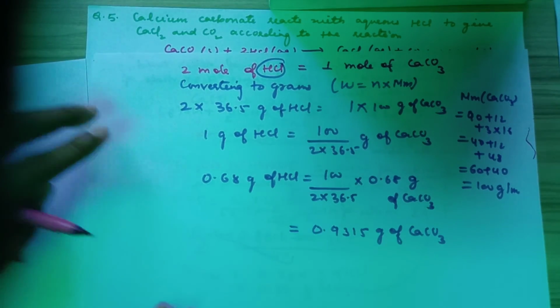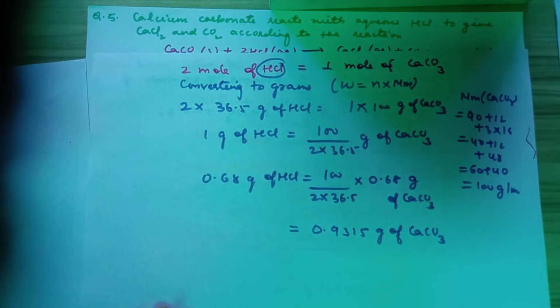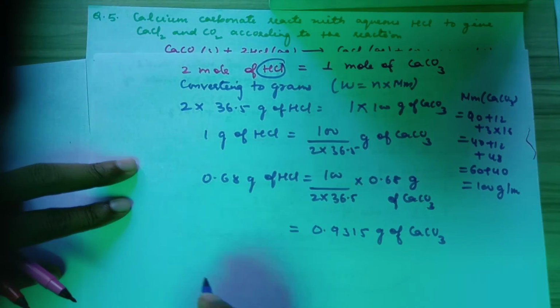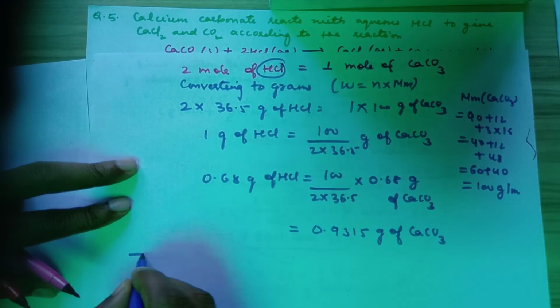So from the last 5 questions, we simply learned that we have to follow some simple rules.